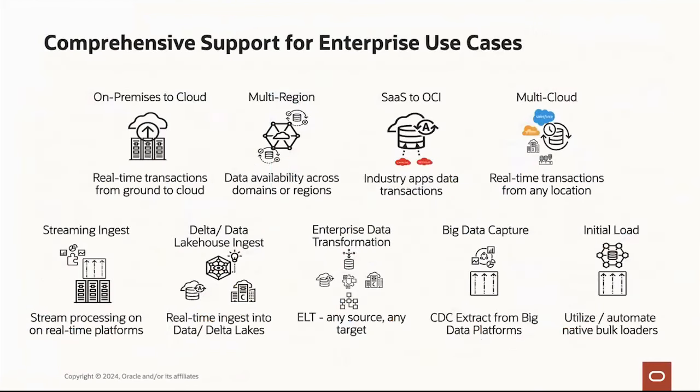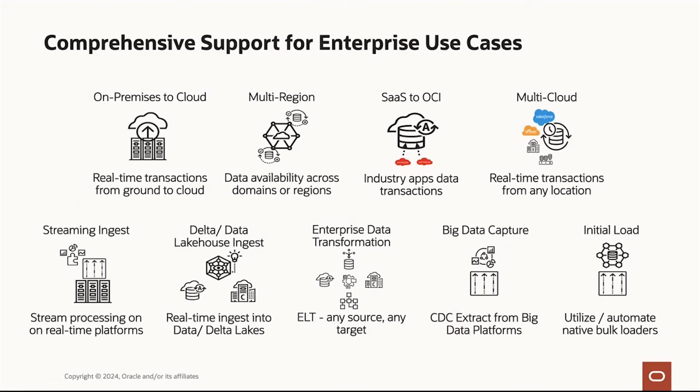And these are some of the use cases for GoldenGate: on-prem to cloud, multi-region, software as a service, or SaaS, to OCI, data replication for industry applications or ERP data transactions, and multi-cloud. Another use case is initial load.